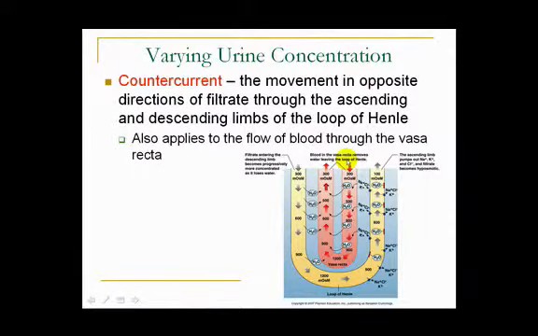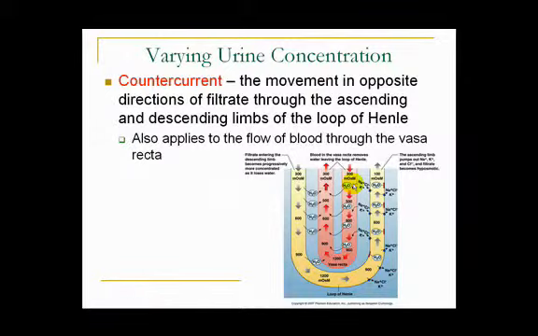So the vasa recta also runs in a countercurrent system to each other and to the loop. So you can see that the descending limb of the loop runs countercurrent to the ascending vessel of the vasa recta, and the ascending limb of the loop of Henle is running countercurrent to the descending vessel of the vasa recta. Okay, so this is what countercurrent means.